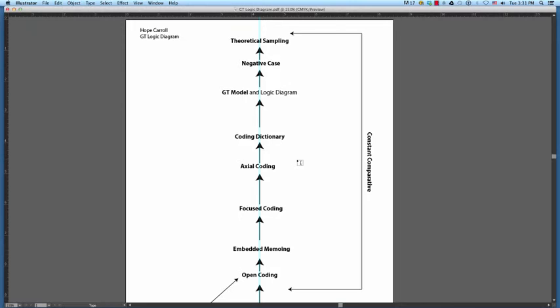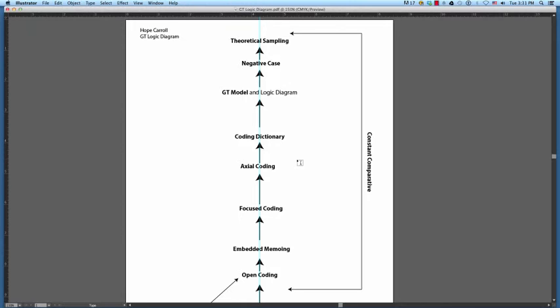This was a negative case because it didn't fit into any of the established conditions that I had already looked at when coding the scenes from Good Will Hunting and Antwon Fisher. So that's why it ended up being a negative case.